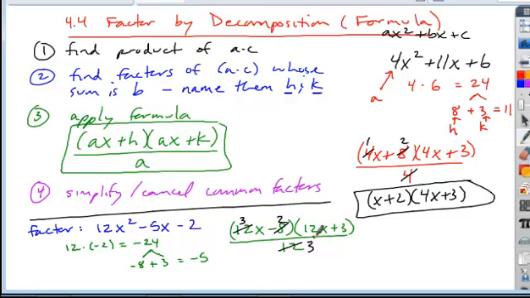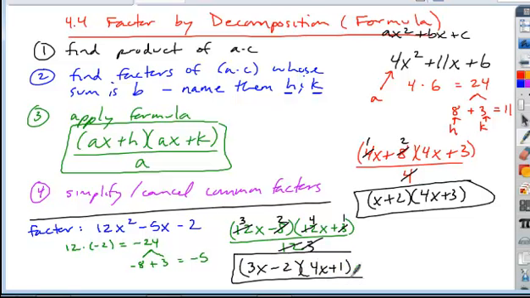So I'm going to cancel it with my other binomial. 3 goes into 12 how many times? 4. This 3 goes into 3 once, and it cancels completely. And so when I reduce this down, I get my remaining factors of 3x minus 2 and 4x plus 1. And so those would be my factored form of this expression.